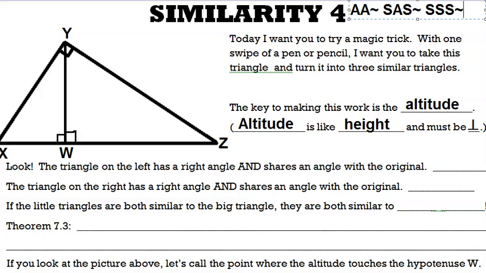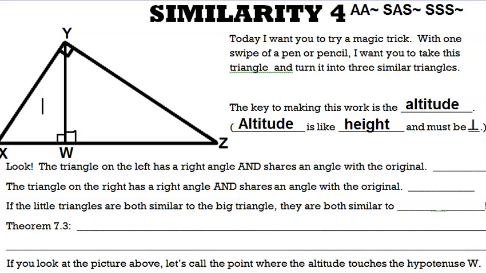All 3 of these triangles have right angles. The first one does. The second one does. The third one does. So they all 3 have an angle in common. So the question just becomes, is there another angle in common? Because then we could use angle-angle.